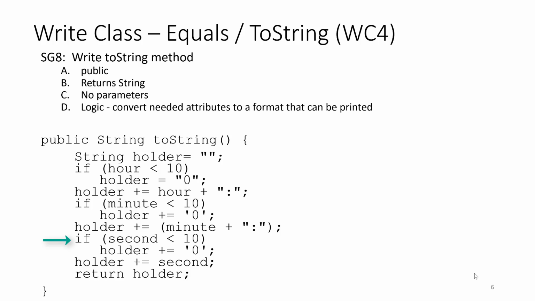If it's a single digit, we add a 0 character to the output string, and then we add the value of the second instance attribute. The last statement in the method is to return the value of the local variable holder. Remember, since the return type is a string, we have to have a return of a string variable inside the method logic.